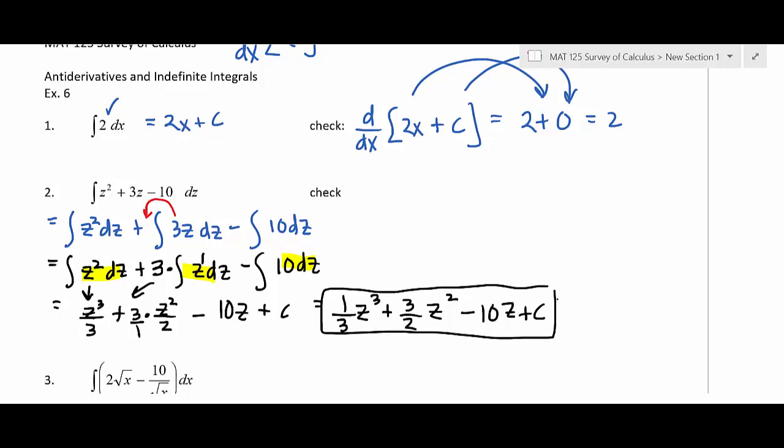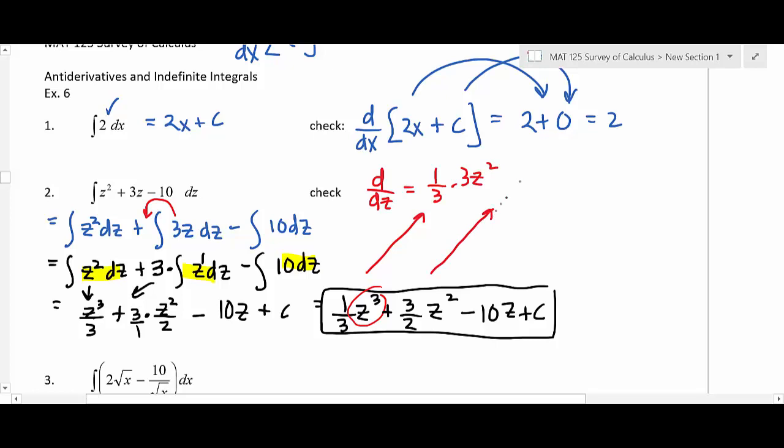Okay, let's see if this is right. Let's just do the derivative in our head. So we'd have 1/3. The derivative of z to the third is 3z to the second. Do the derivative of the next part. You have a constant, so you write it down. The derivative of z squared is 2z. What's the derivative of negative 10z?